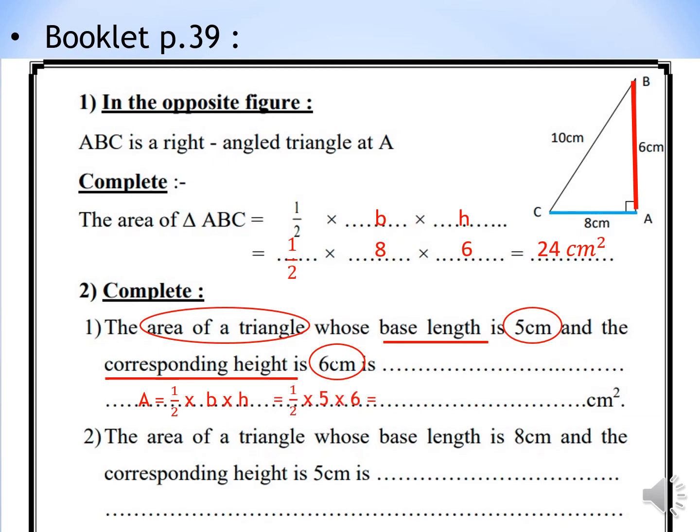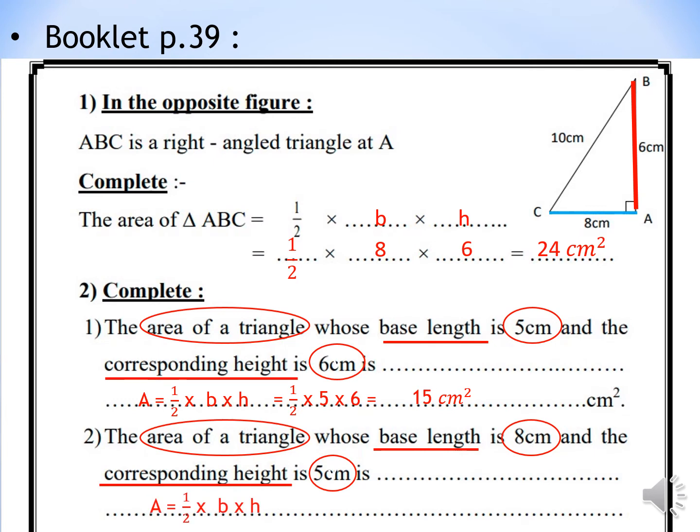So it equal half times 5 times 6 equal 15 centimeter squared. Number 2. The area of triangle whose base length is 8 and the corresponding height is 5. The area of the triangle equal half times base times height equal half times 8 times 5 equal 20 centimeter squared.